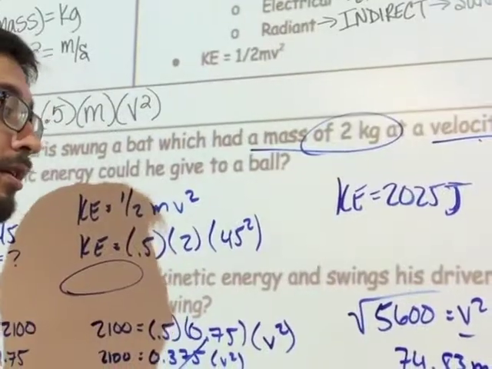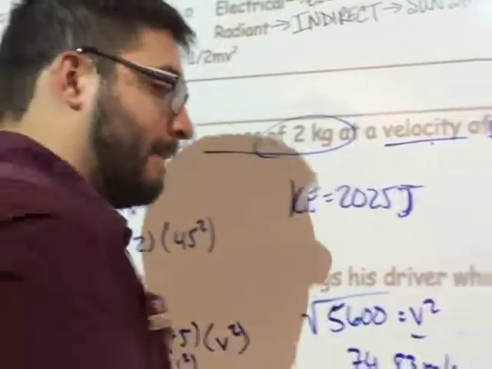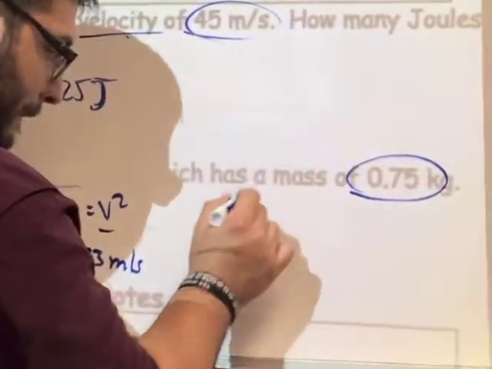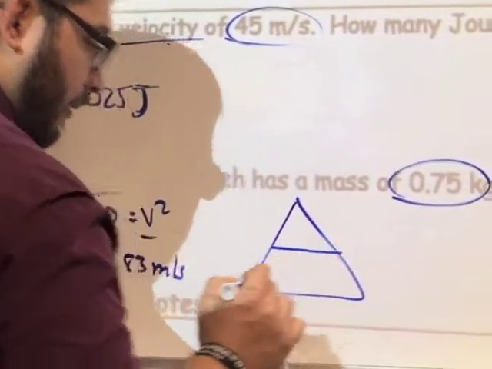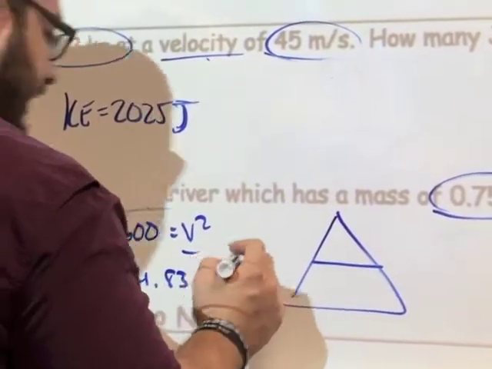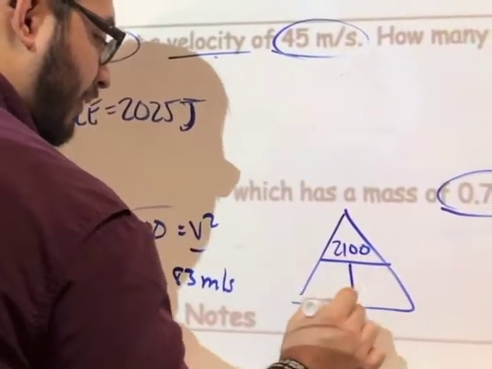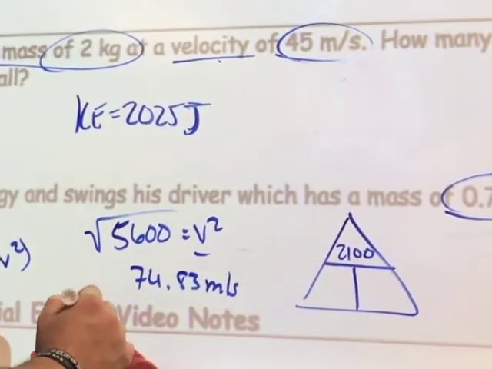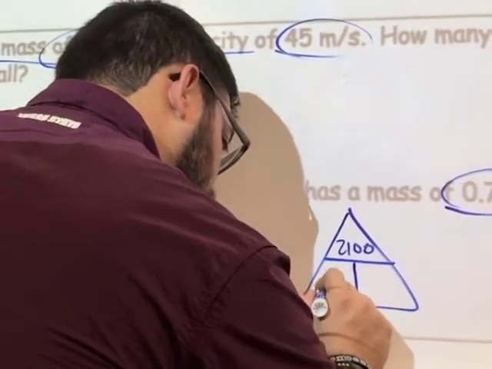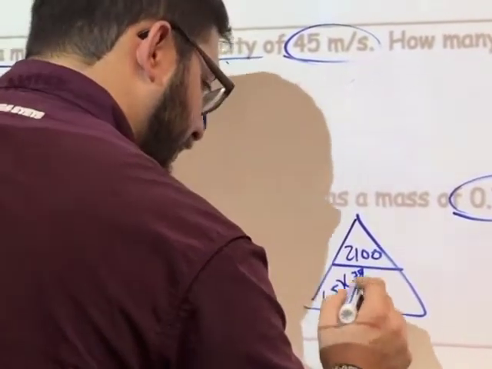There is another way to do it. Just like we said before, we'll put this in the triangle form, where KE goes on top, and KE is going to be 2100. Then we have 1/2 our m, so 0.5 multiplied by 0.75.